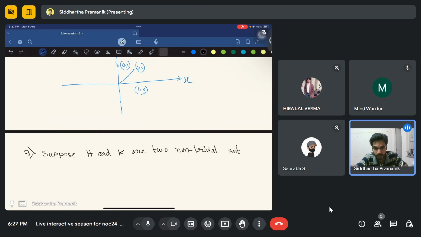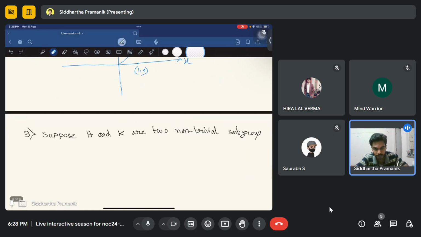I hope you can recall the term non-trivial subgroup. Trivial subgroup means the only identity element. So non-trivial means it contains more elements than just the identity, and also contains the identity. So two non-trivial subgroups of rational numbers under addition.